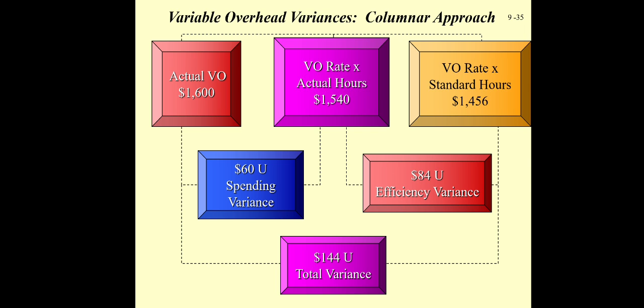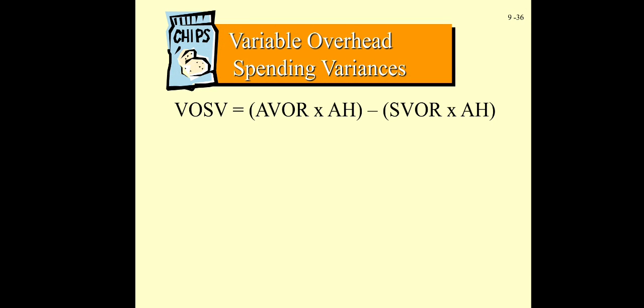So for the variable overhead variance, the dollar variance is called spending variance, and the quantity variance is called variable overhead efficiency variance. And I think it is easier to calculate the variances using the formula. So let's see.